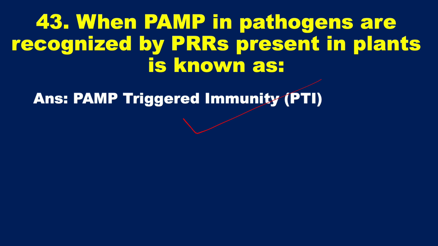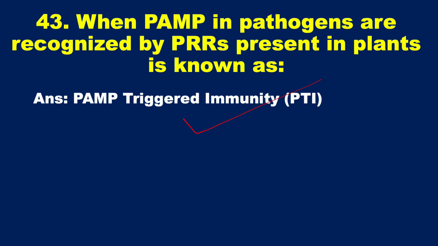This interaction between PAMPs and PRRs activates a signal cascade that leads to the activation of various defense genes and the reinforcement of the plant cell wall to prevent pathogen penetration. While PTI is effective against many pathogens, some pathogens have evolved to produce effectors that suppress or evade PTI, allowing them to establish successful infection in the host.